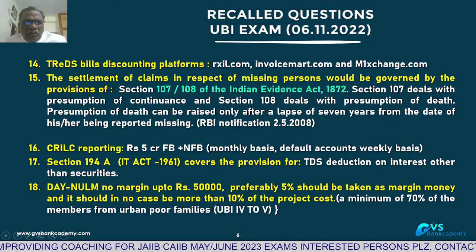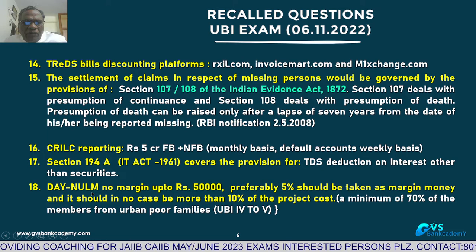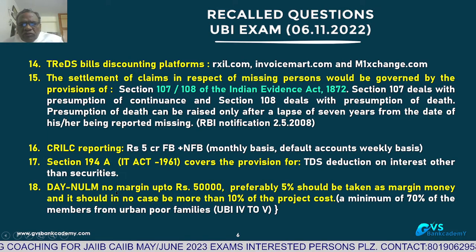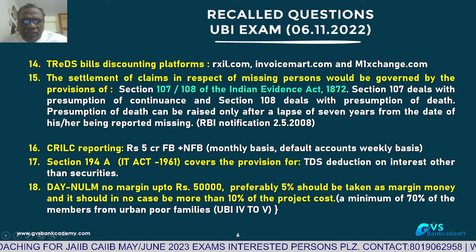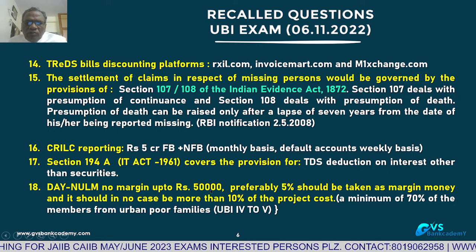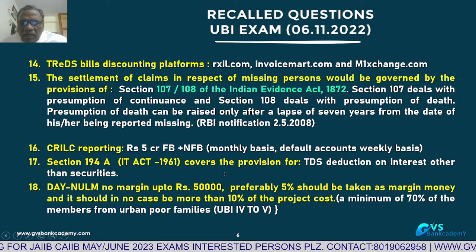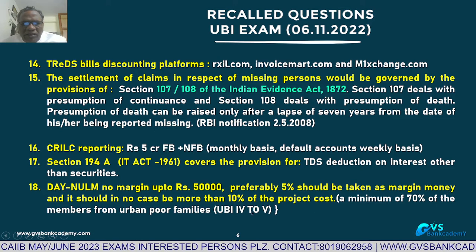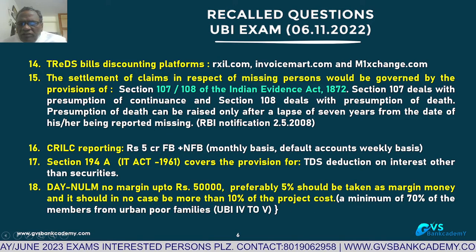Deen Dayal Antyodaya Yojana, National Urban Livelihood Mission: no margin for loans up to 50,000. This question they had asked. What is the margin up to 50,000? No margin. And above 50,000, what is the margin? Preferably 5% should be taken as margin, and in no case should it be more than 10% of the project cost.